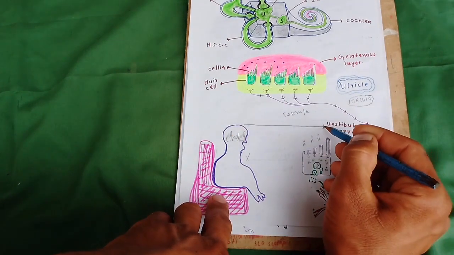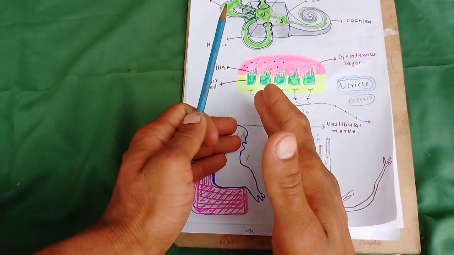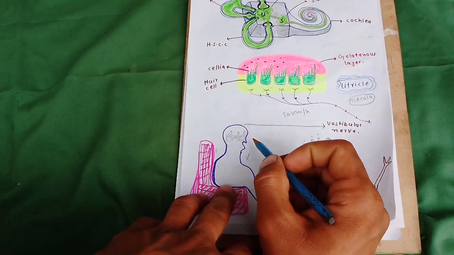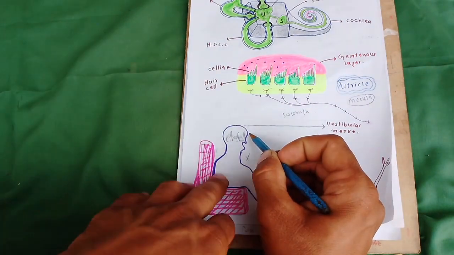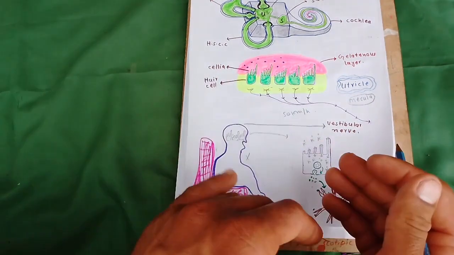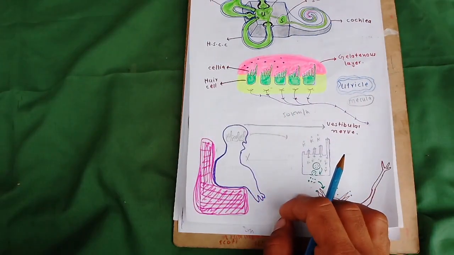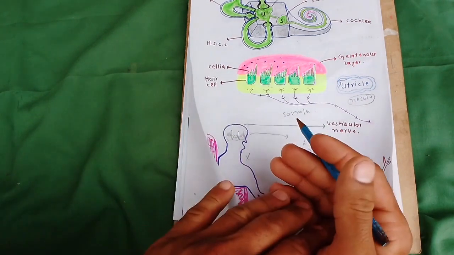When the bus driver applies a huge brake, the bus suddenly stops. When the bus suddenly stops, without the man's control, he falls in the forward direction. He feels a huge jerk in the forward direction, so during this jerk the normal posture of the man is disturbed.